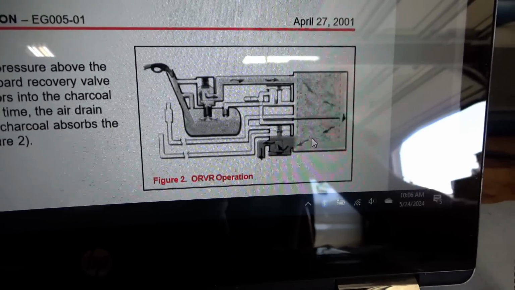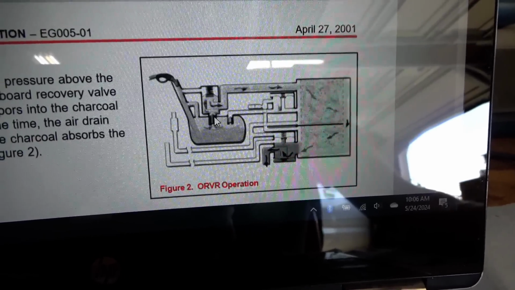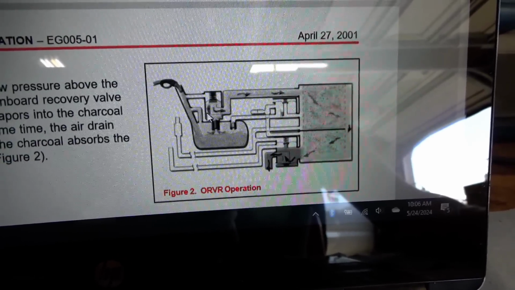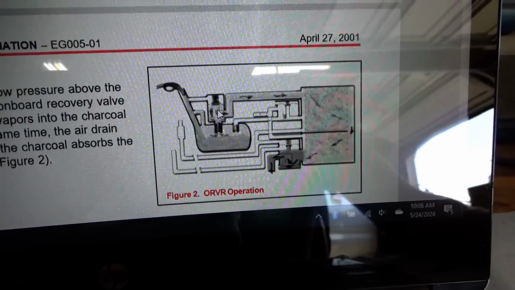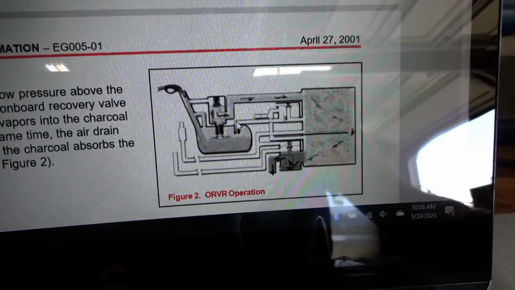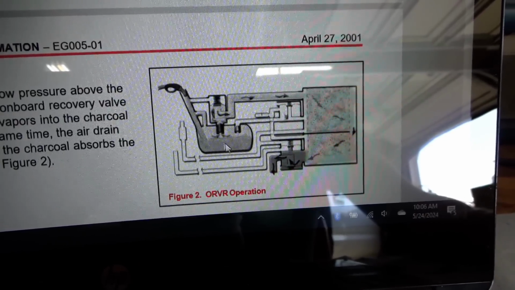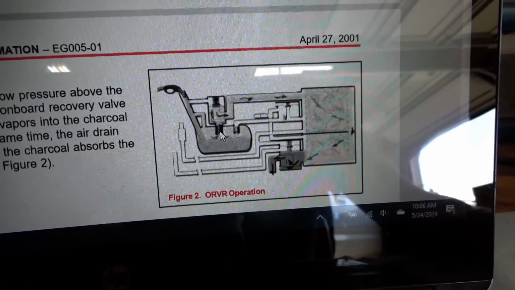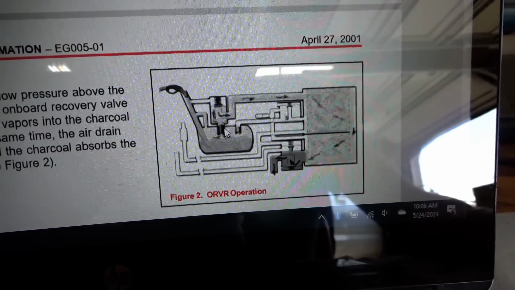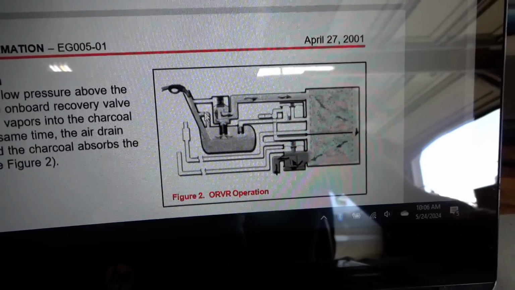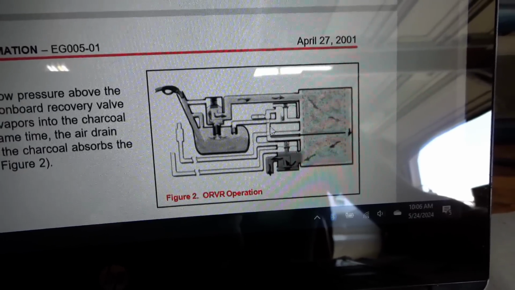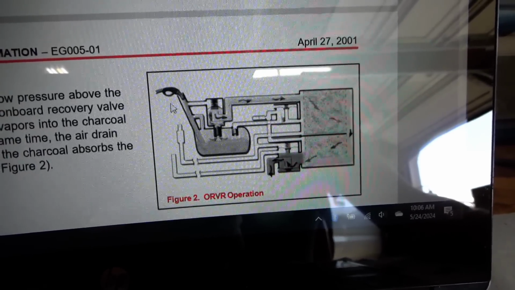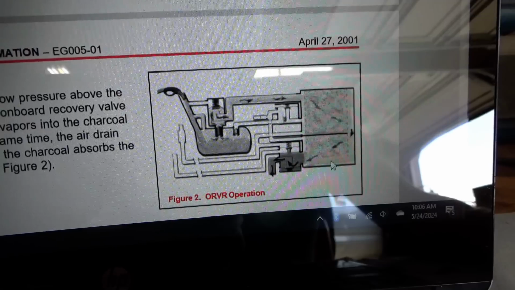So, in our case, there's a problem either with this ORVR, the onboard recovery valve, I guess, and when the fuel level rises, it actually pushes the stopper up and your fuel stops flowing. So there's either a problem with this or with this. There can be two restrictions or something stuck in the lines.